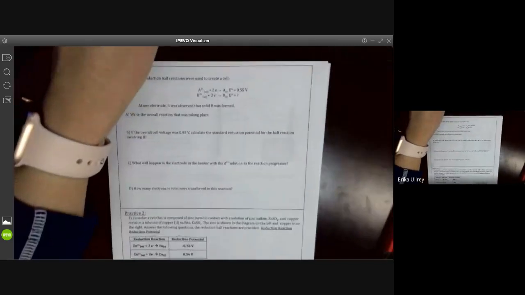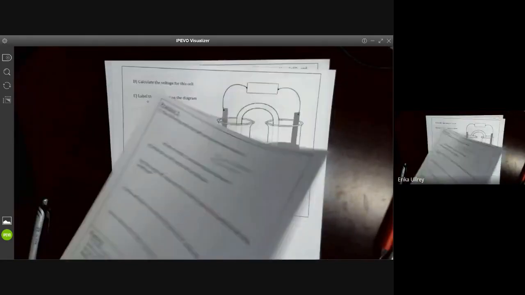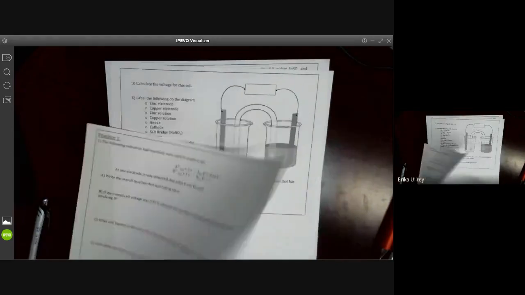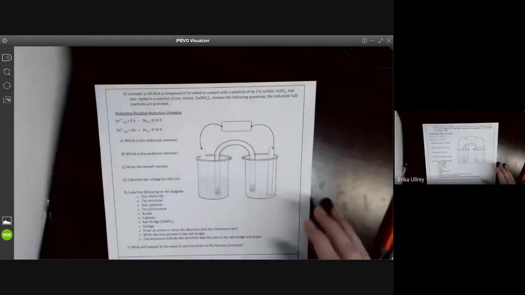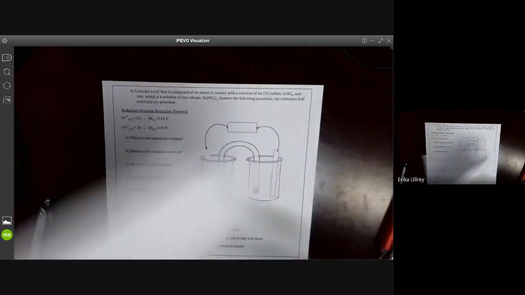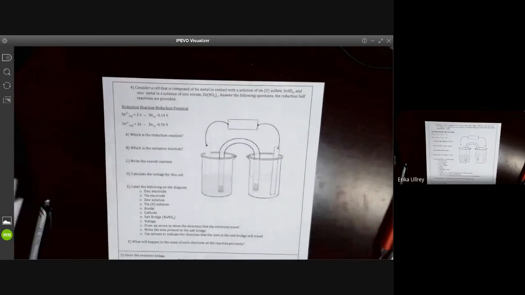Let's do some more practice. What I want you guys to do as your homework for tonight: there are 4 practice problems left to do.